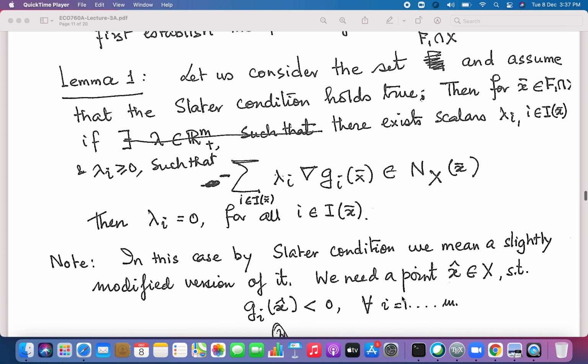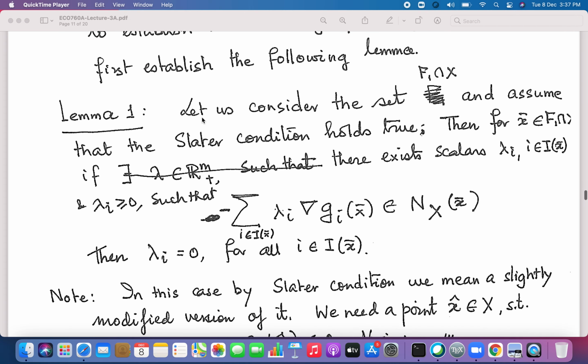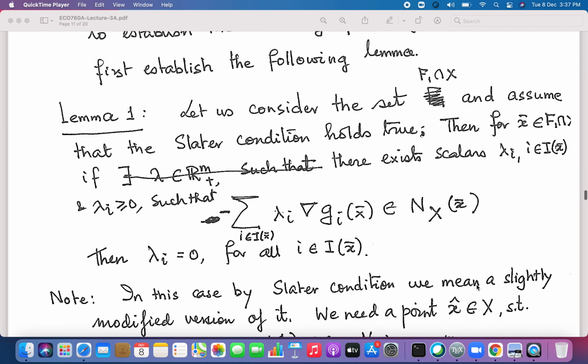In this lemma, the whole idea is to construct the normal cone and then finally use it for the optimality condition, because that is how we keep our logical flow. Consider the set f1 intersection x and assume the Slater condition holds true.